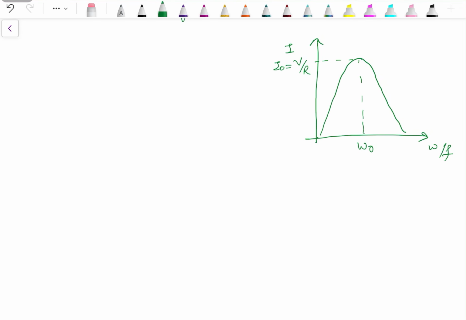Now why do we need this graph? In order to find out the bandwidth. In case of an RLC series circuit, bandwidth is defined as the range of frequencies for which the power delivered to the resistance is greater than or equal to P naught by 2, where P naught is the power delivered at resonance.